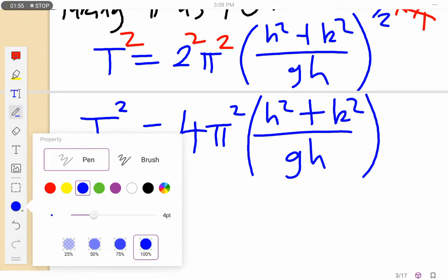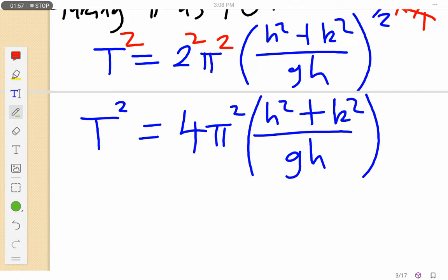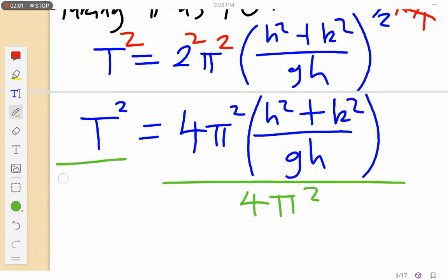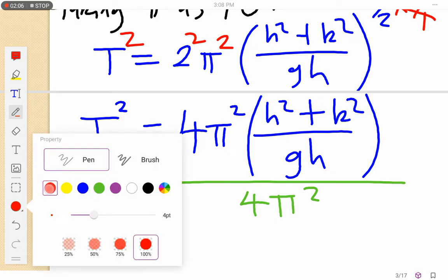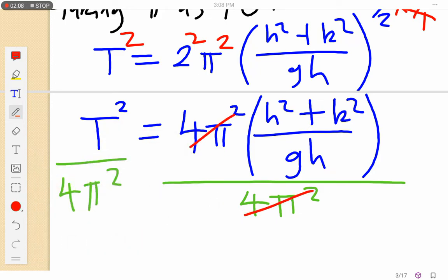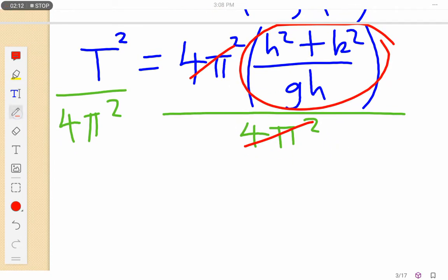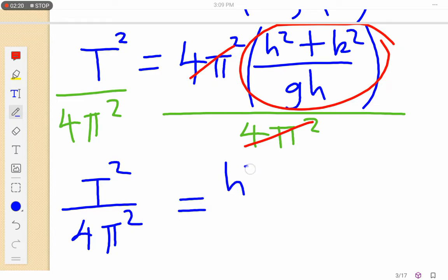I'll divide both sides by 4 pi squared. When I do that, this side they cancel off each other and we will remain with this thing only. So now it becomes T squared over 4 pi squared is equal to h squared plus k squared over gh.